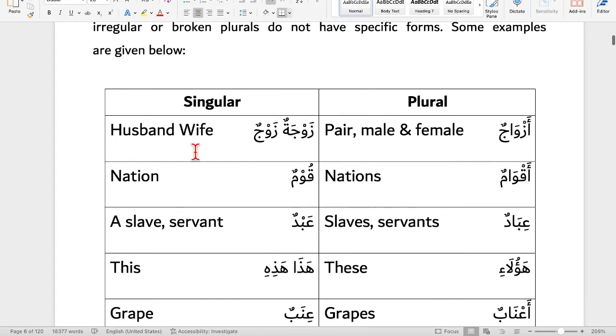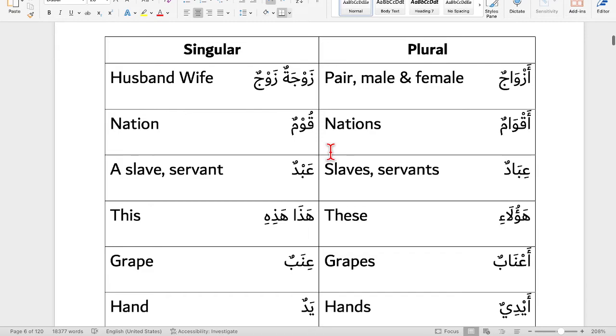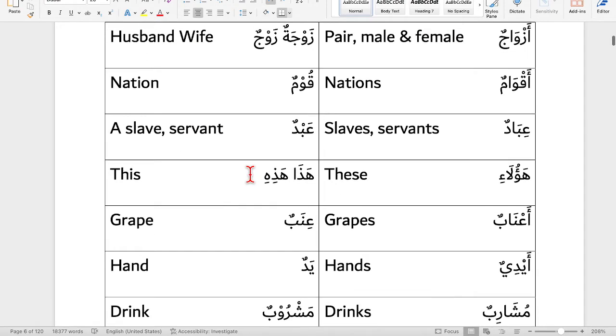For example, zawjun or zawjatun, the plural is azwajun. That won't follow that pattern. Qaumun, aqwamun, that's the plural. Abdun, ibadun. You can read the meaning of those nouns.